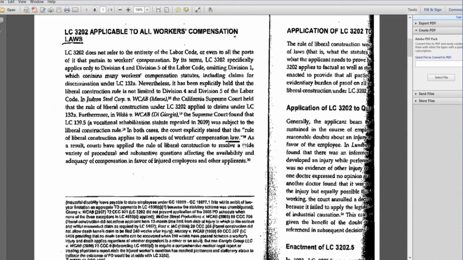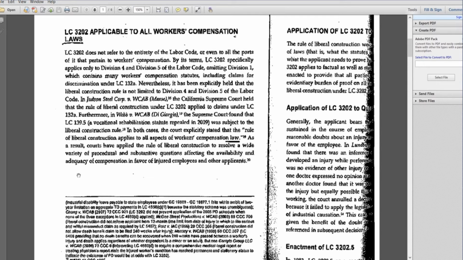Further, let's continue. It says, as a result, courts have applied the rule of liberal construction to resolve a wide variety of procedural and substantive questions affecting the availability and adequacy of compensation in favor of injured employees and other applicants.